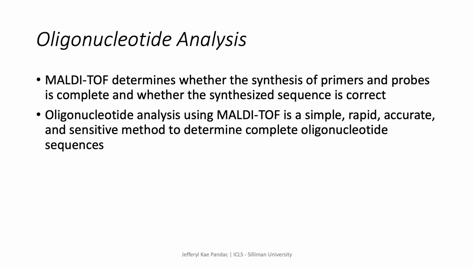Mass spectrometry, including MALDI-TOF mass spectrometry, is by far the best means of doing this. Oligonucleotide analysis using MALDI-TOF mass spectrometry is simple, rapid, accurate, and sensitive, and can be used to determine the complete oligonucleotide sequence of our primers.